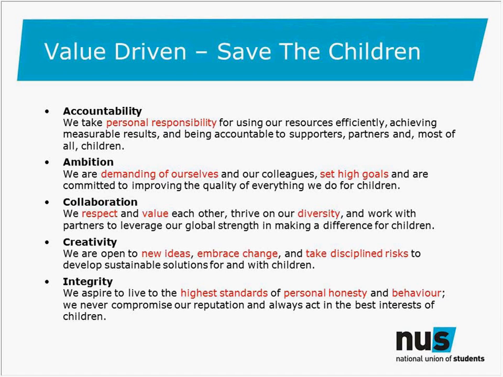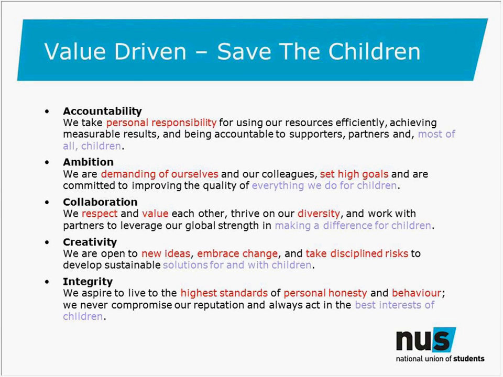personal honesty and behaviour. Now, what Save the Children have been able to do here is almost double the level of values by introducing several layers to their values when explaining what they actually mean to them organisationally. And what you'll probably notice is that at the end of each value, they have taken it back to reference and focus on the beneficiaries, who they are and what they do.